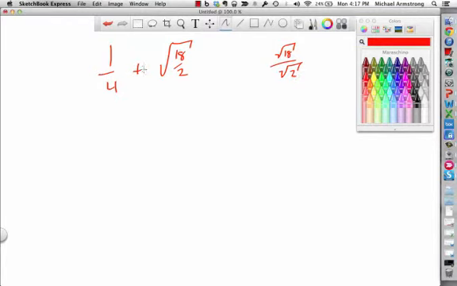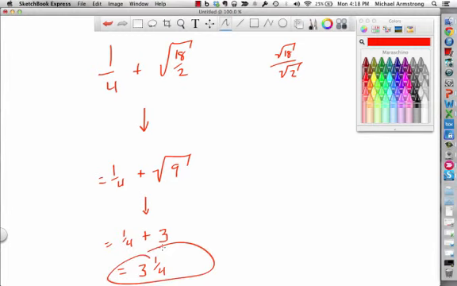So we're going to come down and write 1/4 plus the square root of 9, because 18 halves is 9. So sometimes we just have to go ahead and simplify that fraction to get something easier, because we can see now that this is 1/4 plus, not 9, 3, because the square root of 9 is 3, which is going to equal 3 and 1/4, because 1/4 plus 3 is 3 and 1/4. Ta-da! Okay, that's it.